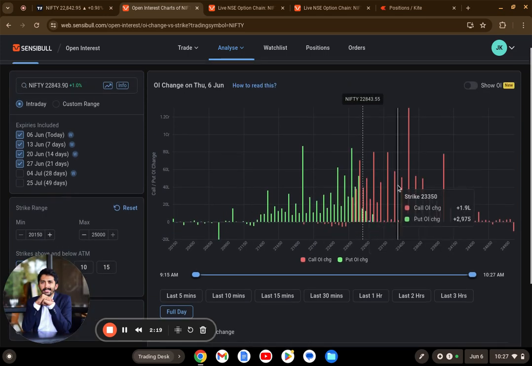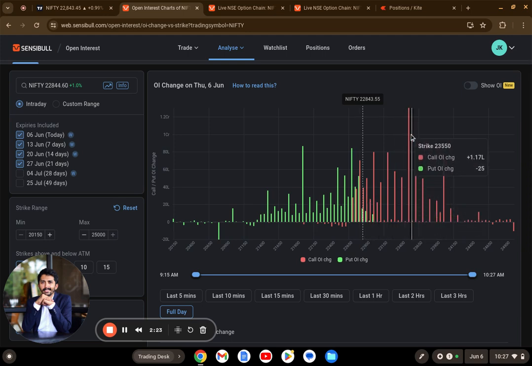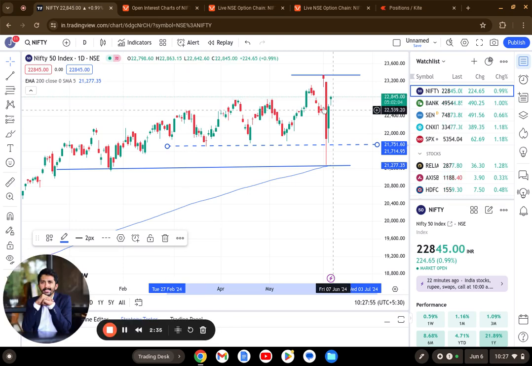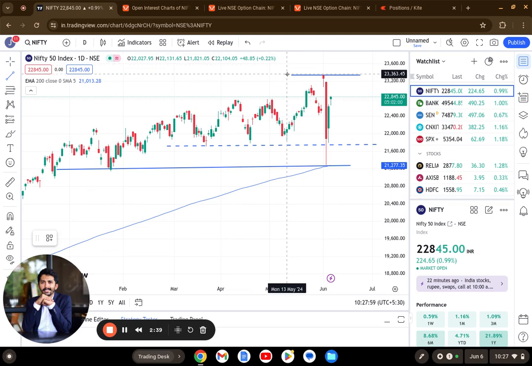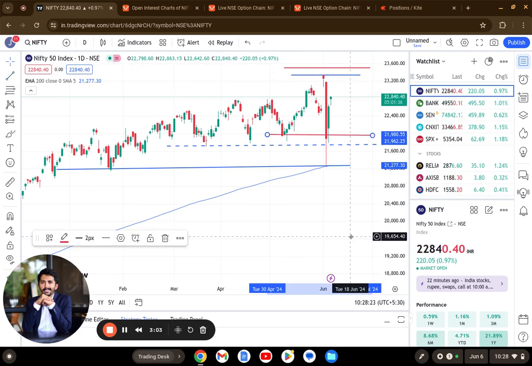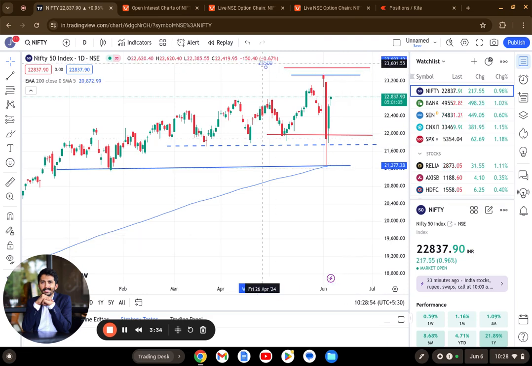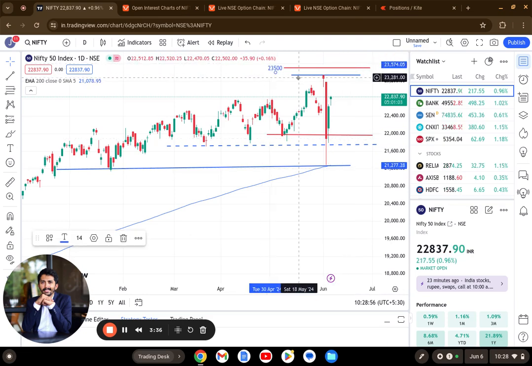If you look over here, the maximum bearish volumes are at 23,500, and then the maximum bullish volumes are at 22,000. So we'll just denote that over here. So we have a 23,500.